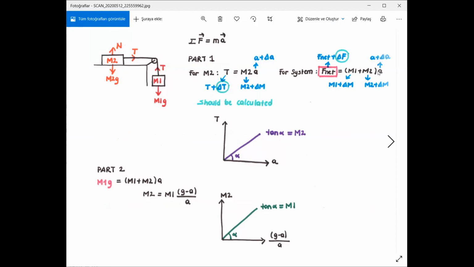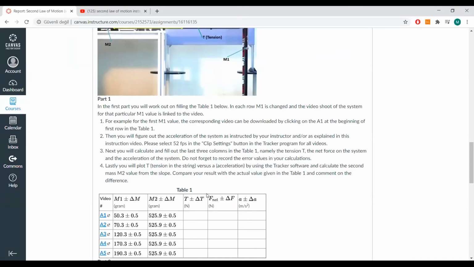This formula is also obtained from Newton's second law of motion. This value and delta F, which is the error in the calculation of this value, should be recorded in the table after calculated.